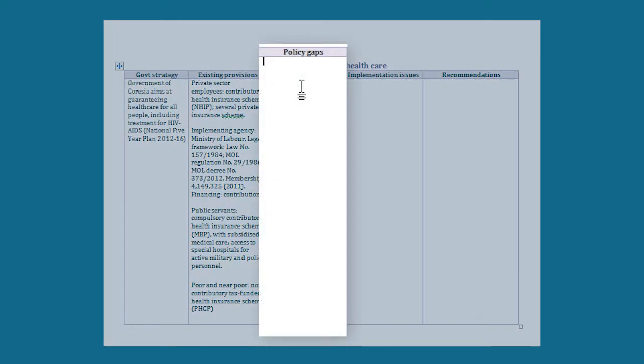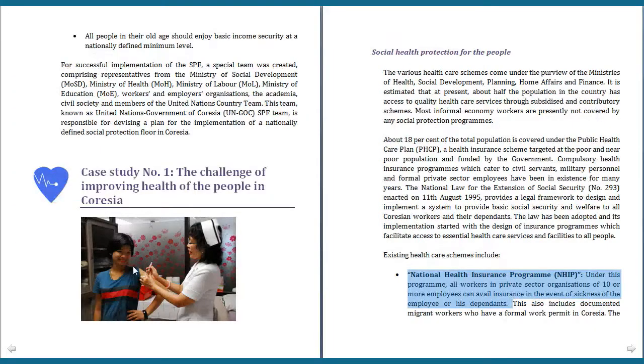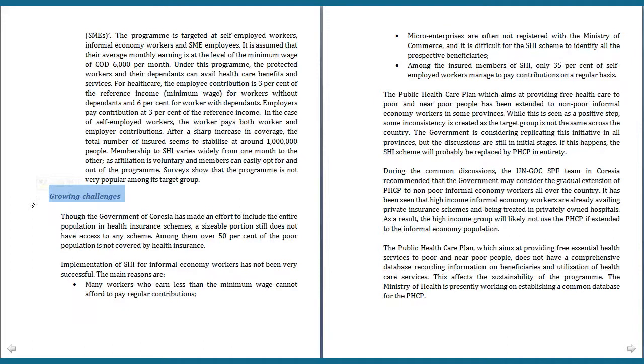The next column is policy gaps. Policy gaps are mainly the result of inadequate legislation or policies that lead to part of or the whole target group being excluded from the SPF. Back in the Croatia case study, we can locate this information in the social health protection for the people and the growing challenges sections. Here, the definition of the PHCP target group is inconsistent across provinces.